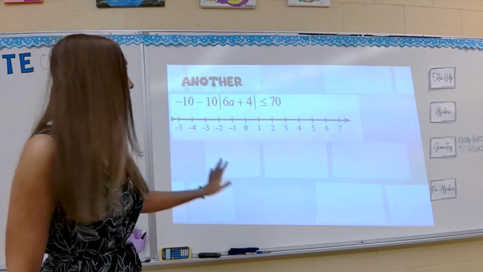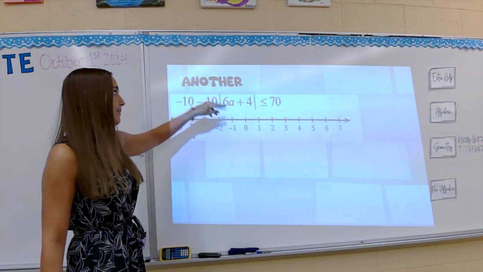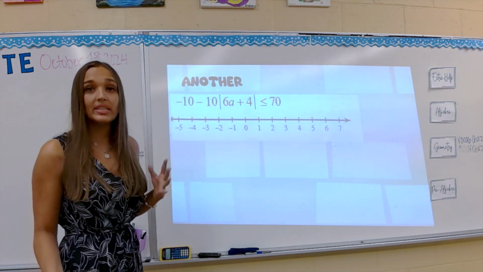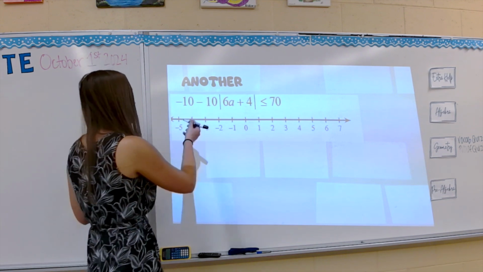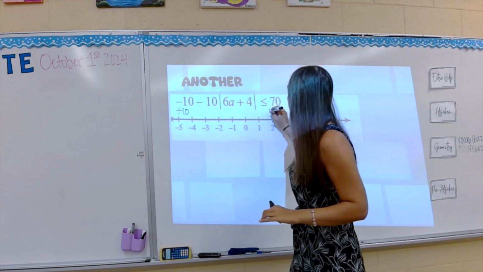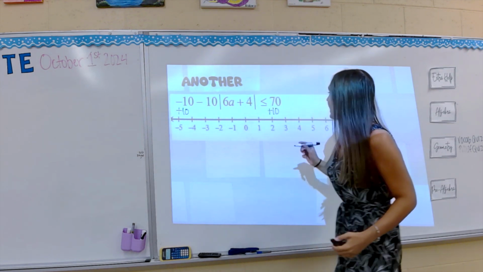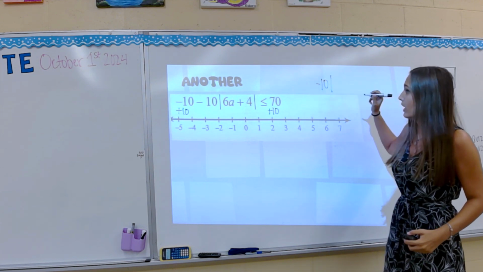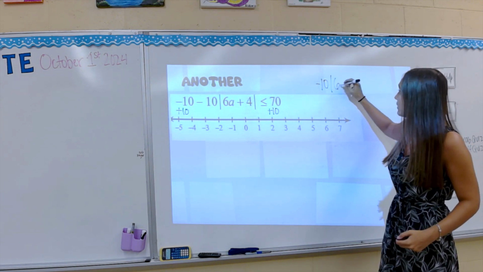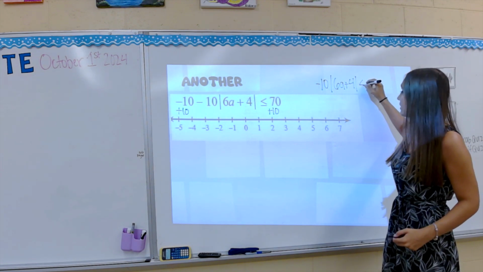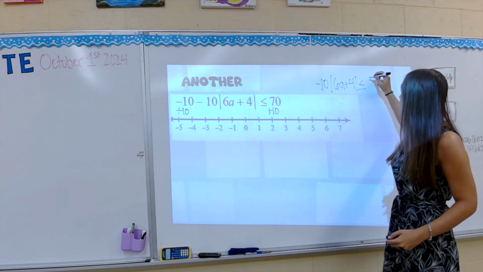For our last problem, we have negative 10, absolute value of 6a plus 4, minus 10, is less than or equal to 70. Once again, we add or subtract first, so I'm going to add my 10 over. And I get negative 10, absolute value of 6a plus 4, less than or equal to 80.